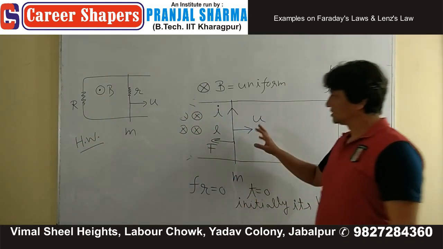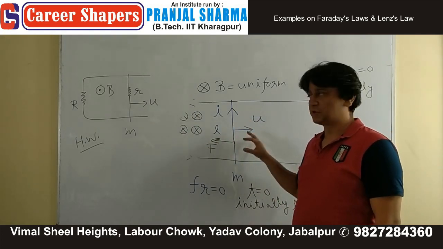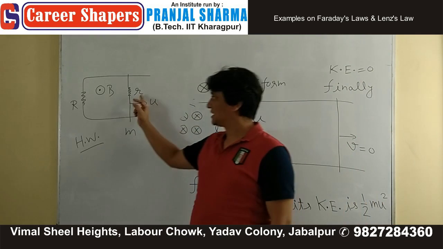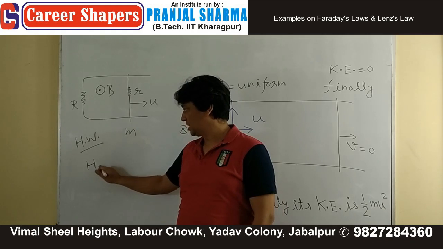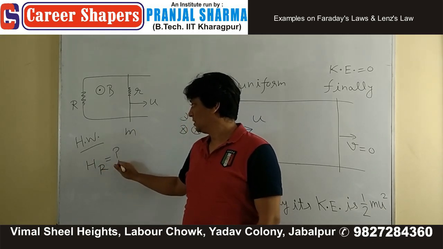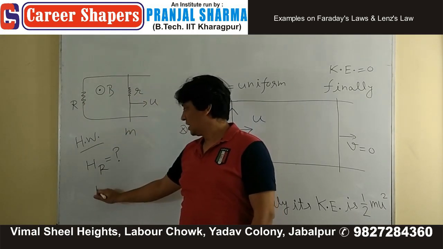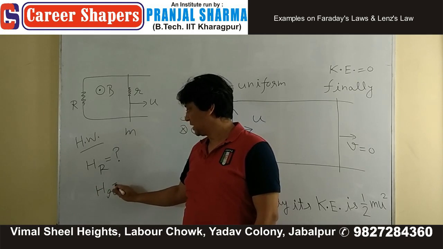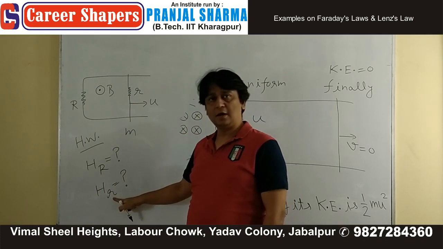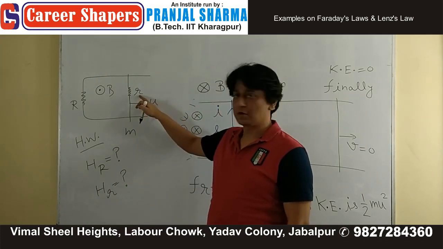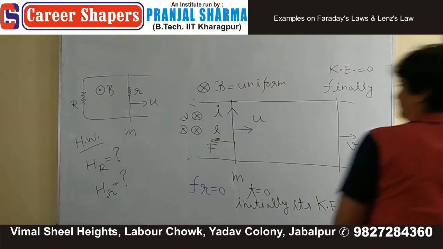In the previous figure, resistance was only present in the circuit. There was no resistance present with the rod. But this time, the rod also has resistance r. The question is, what amount of heat generation takes place in R, that is the U-shaped rails, and what amount of heat generation takes place in the rod, with small r as the resistance of the rod? This is for those who are interested in these things.